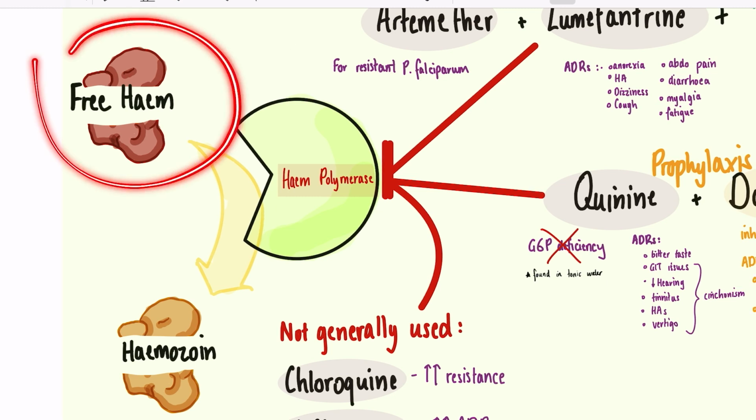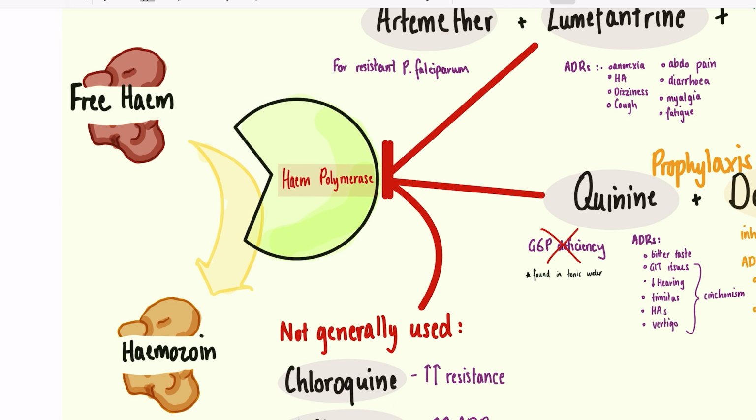The heme is ingested by the malaria pathogen, the Plasmodium, and converted to hemozoin by an enzyme called heme polymerase, which is only found in malaria.